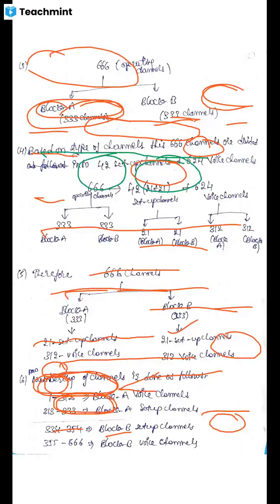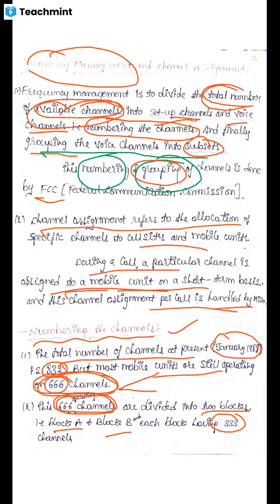So once again, a brief explanation of what we learned today in this topic: frequency management and channel assignment. In frequency management, we first divide the total number of available channels into numbering, and after numbering we do the grouping of the channels.